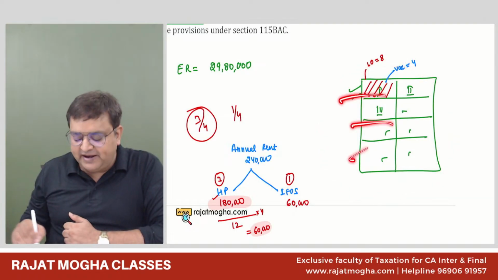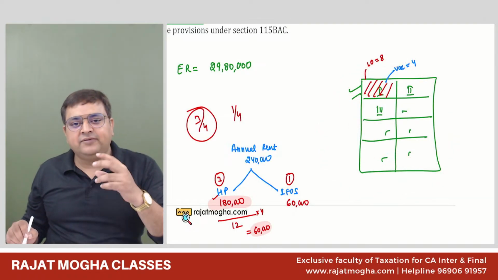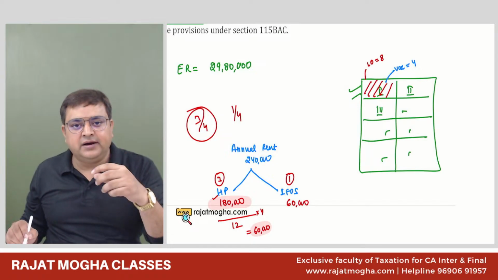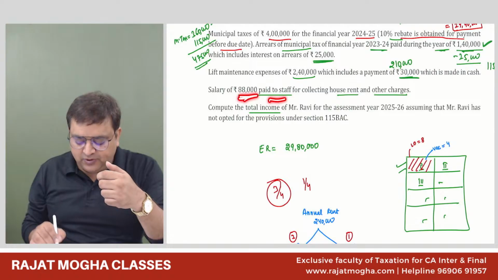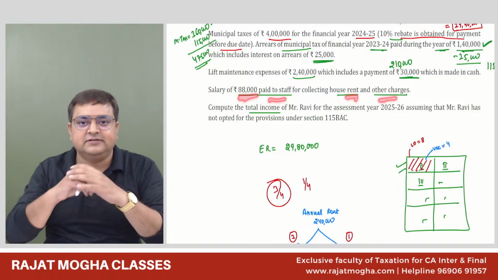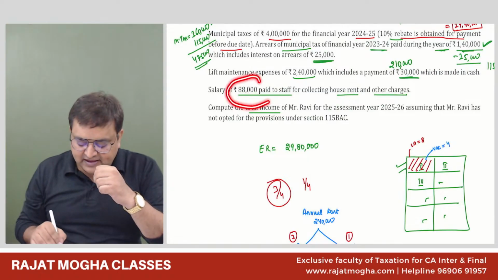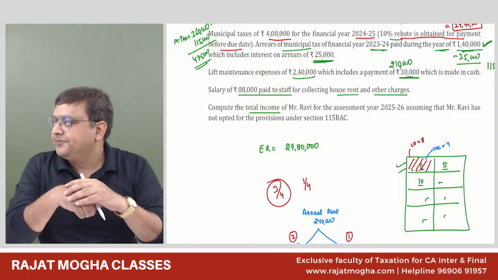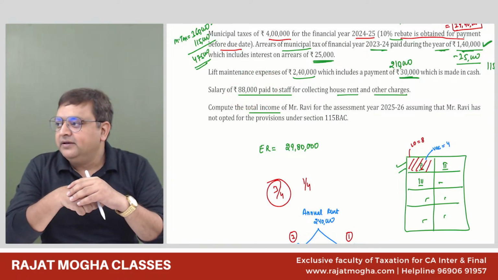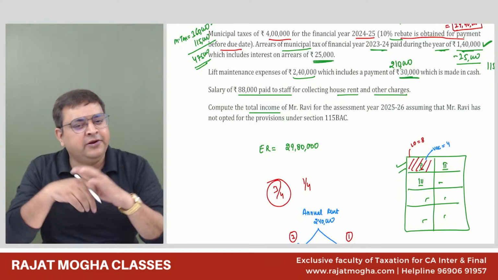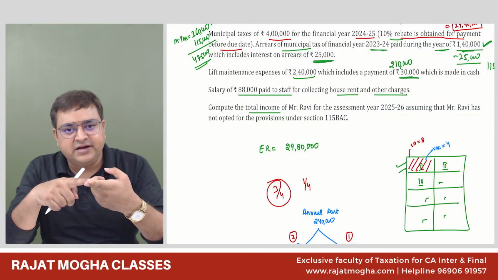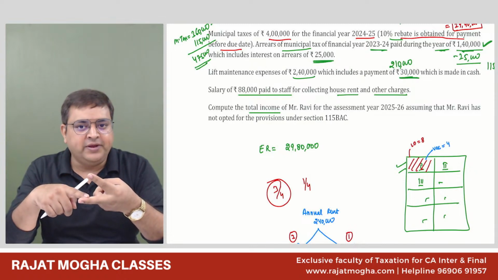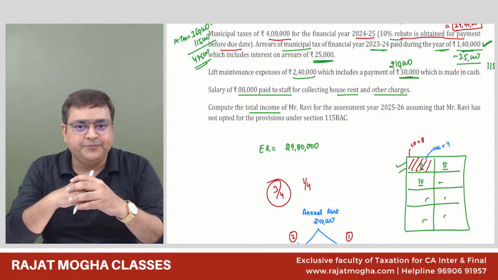There are so many flats, and we have hired a person to whom we are paying a salary of 88,000 to collect the house rent and other charges. Please tell me, are these expenses allowed under house property? No, in house property, only two expenses are allowed: 24A, standard deduction, and 24B, interest on borrowing. So in house property, it will not be allowed.